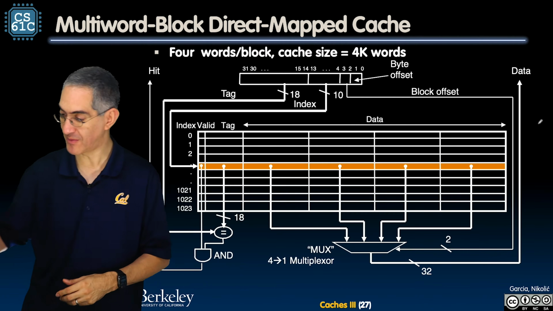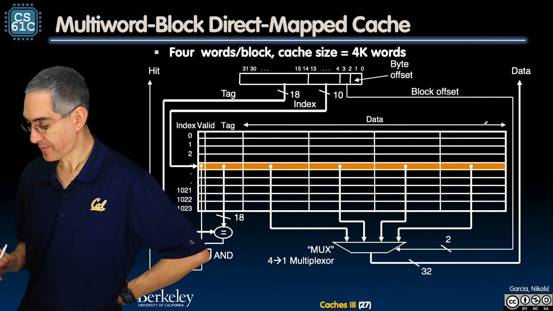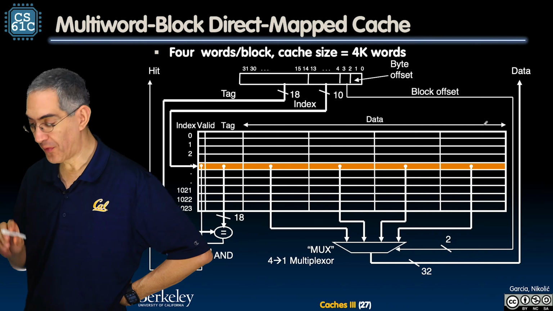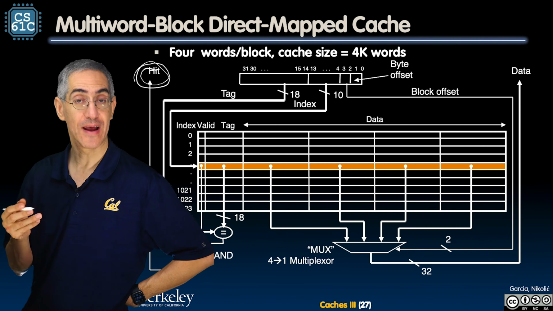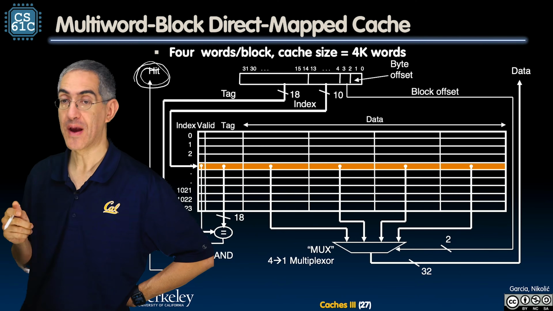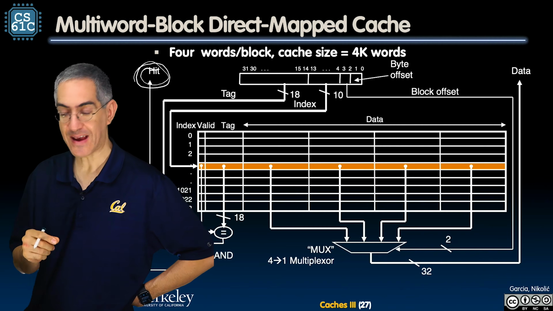And let's actually look at some details here. As I look at this, here's what's actually quite interesting. When do I have a hit? You can think of the logic already: you have a hit when the valid bit is on, there's a 1 there, and the tag matches.